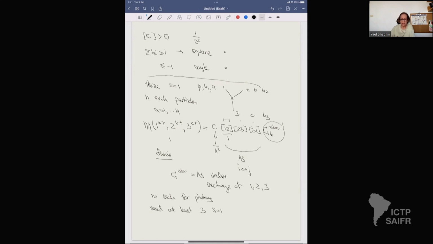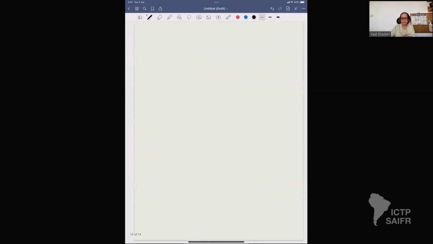So that's very interesting, but now let's look at a different choice of helicities, which is even more interesting. Let's look at the amplitude where, for example, we take 1 to be plus and 2 and 3 to be minus. And in this case, we can, again, go through the same thing, just substitute in the same amplitude.